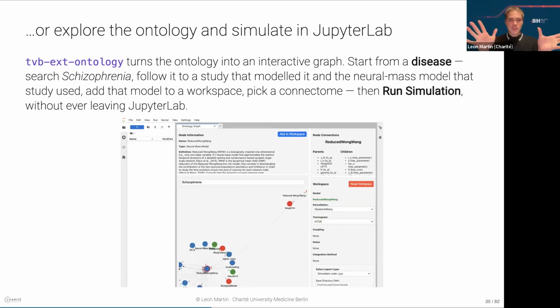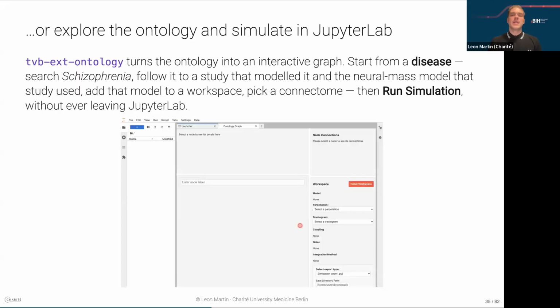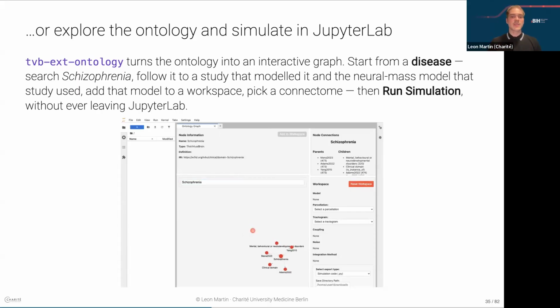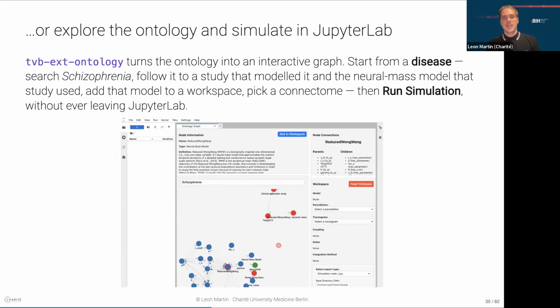So we have a knowledge graph of studies and clinical diseases or phenotypes that are linked to the studies in PubMed, for example, with the MeSH terms. And these studies are linked to certain models that the studies use. So you can really parse the graph and see which models you would like, add them to your workspace, and run the simulation directly inside your Jupyter Lab environment.